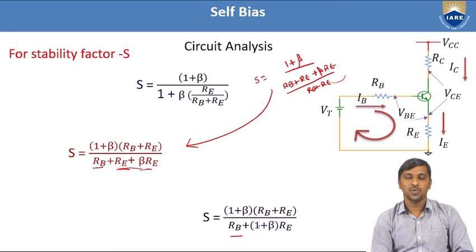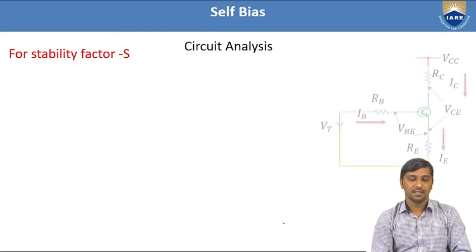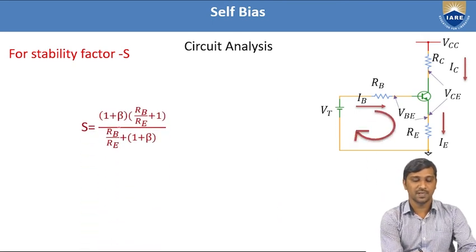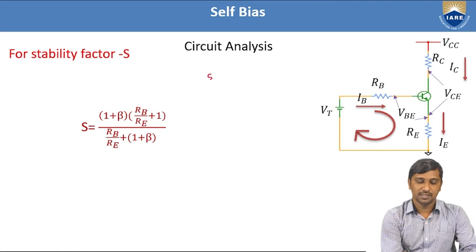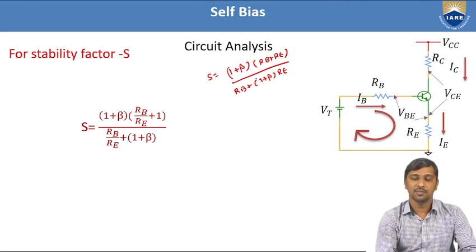To get a good stability factor, we divide the denominator and numerator by RE. So S is equal to 1 plus beta times RB plus RE by RB plus 1 plus beta times RE. Dividing by RE, we get 1 plus beta times RB by RE plus 1, over RB by RE plus 1 plus beta times RE by RE, which becomes 1.